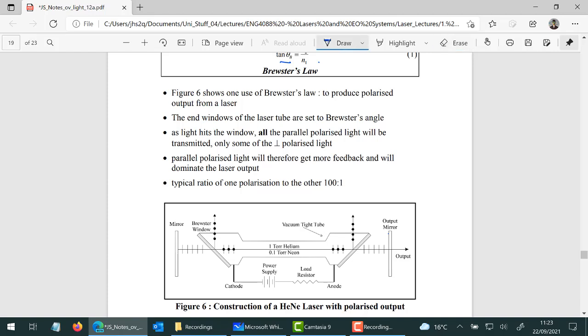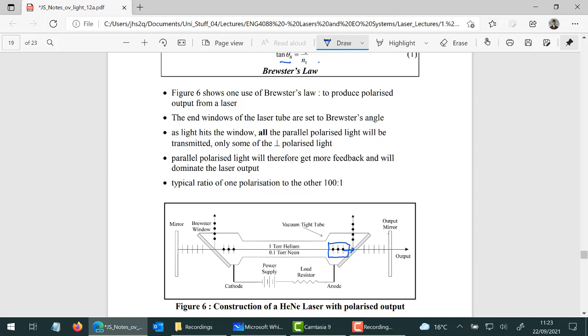What we're interested in here is the fact that inside the laser, the light which is being generated will have a random polarization. It may be polarized in one plane or another plane or something in between. So again, we represent that by showing both polarizations, perpendicular and parallel to the plane here.